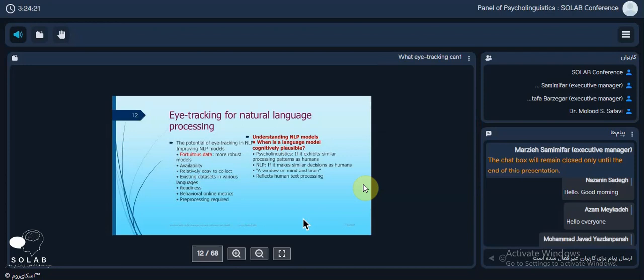It's very important. Now we know that in language processing, the brain makes information in a perspective view. Okay, it can make a window on mind and brain and reflect human text processing.